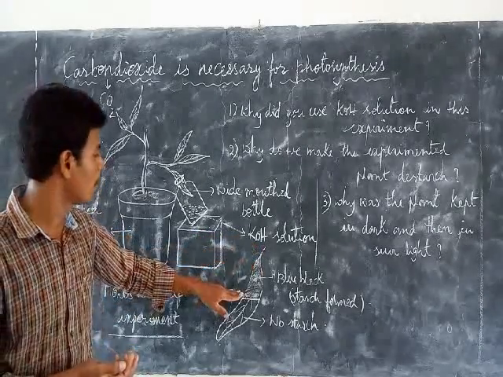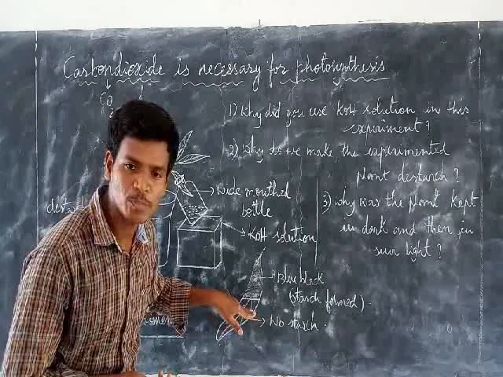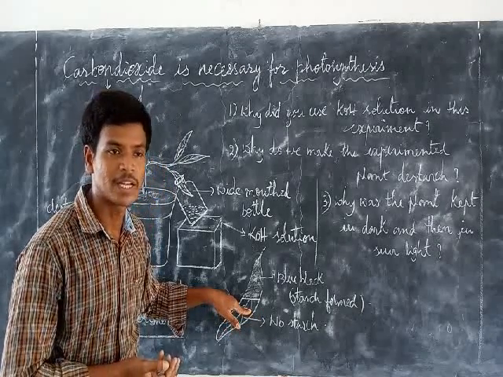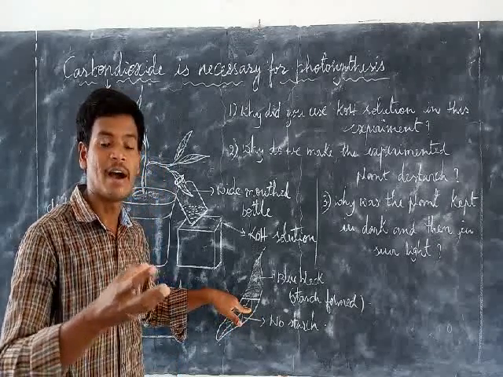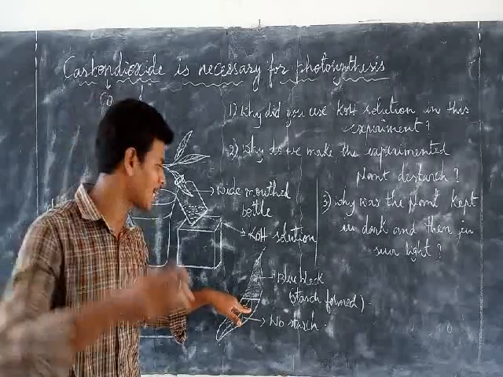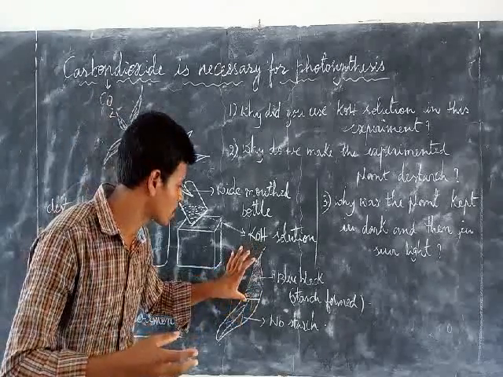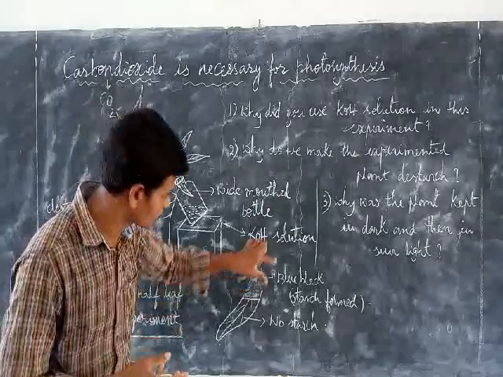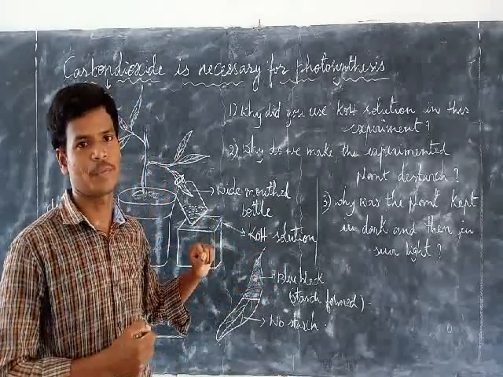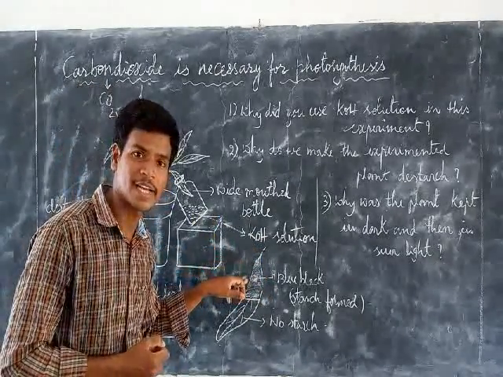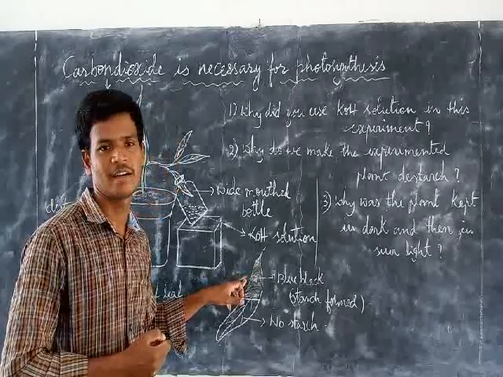Then what about the outer portion of this experimental leaf? There are some factors that can affect this portion directly. What are they? Light, sunlight, carbon dioxide.